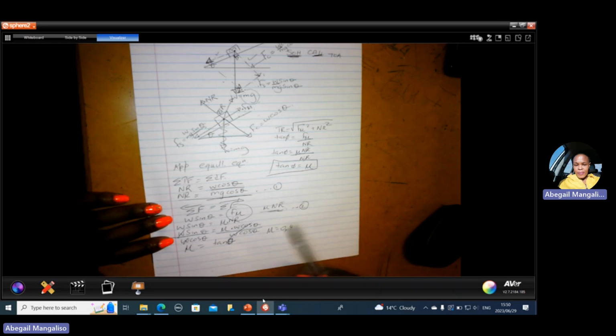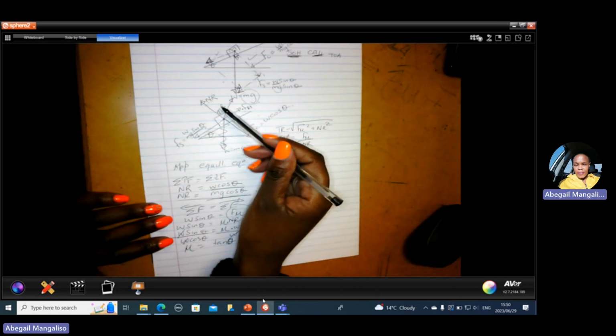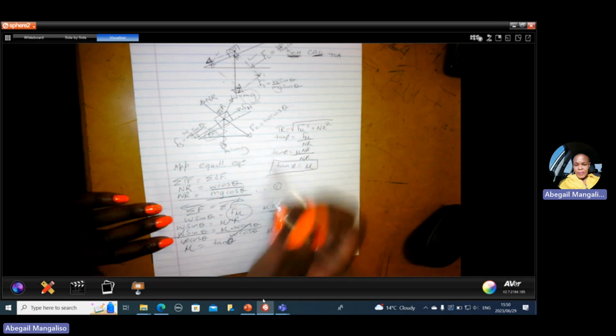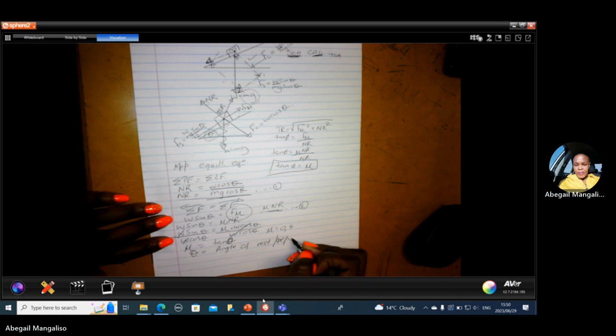So the angle of slope, theta, is called the angle of rest or angle of repose.